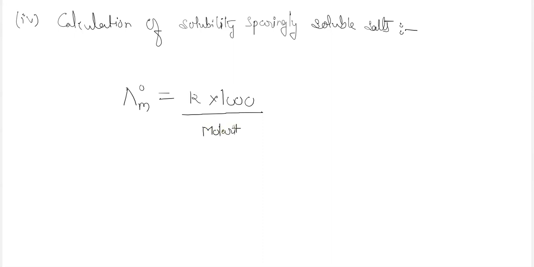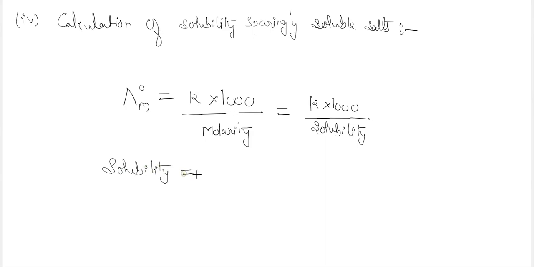We can also write it as kappa into 1000 divided by solubility, because solubility is nothing other than the molarity. So we can find solubility by cross multiplying, and the value will become kappa into 1000 divided by the molar conductance at infinite dilution.